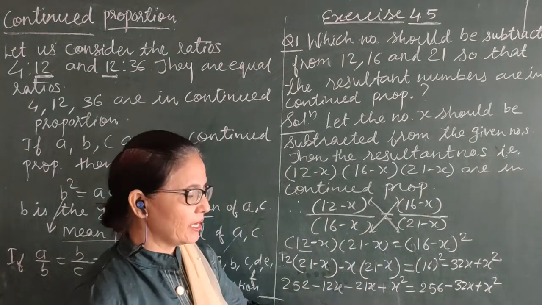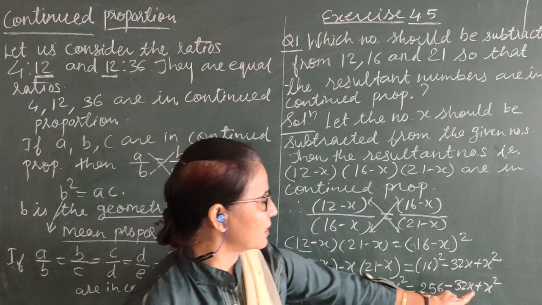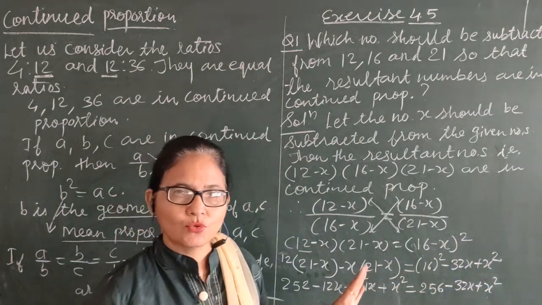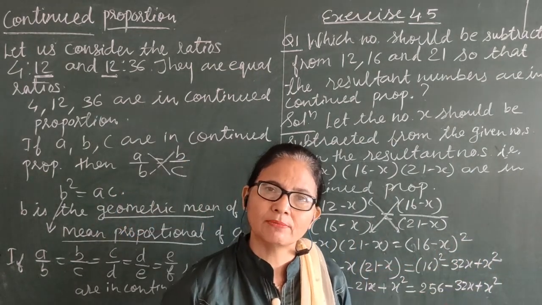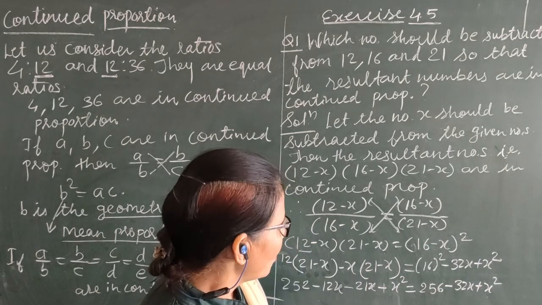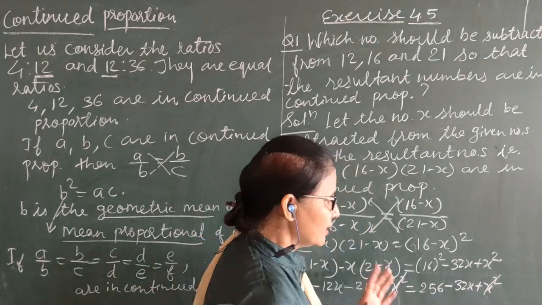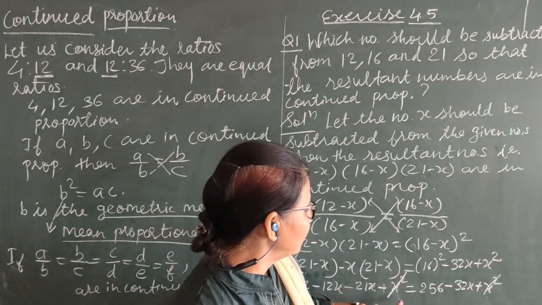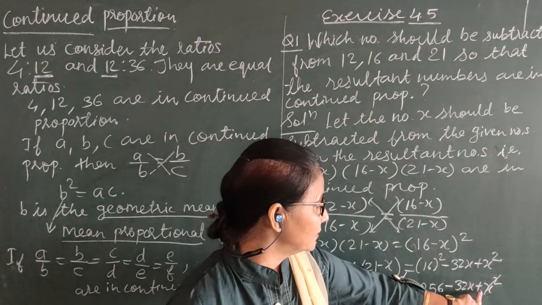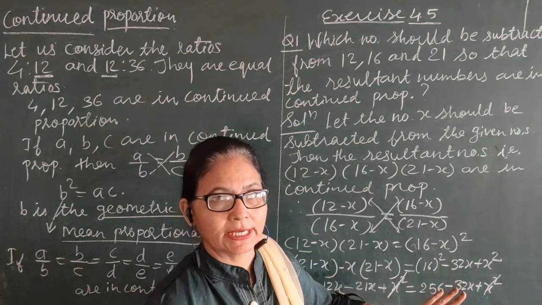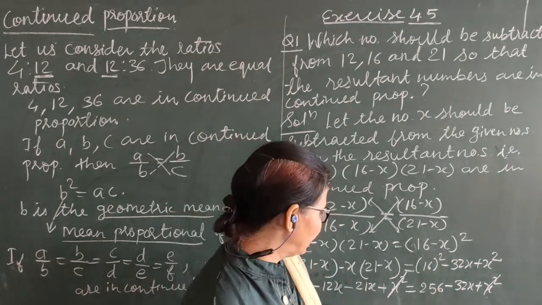Now children, see, if you transpose this x square and this x square to one side, it will be eliminated because x square minus x square is equal to 0. Or you can eliminate it from both the sides. When the terms are the same and the sign is also the same on both the sides, you can eliminate them in this way.